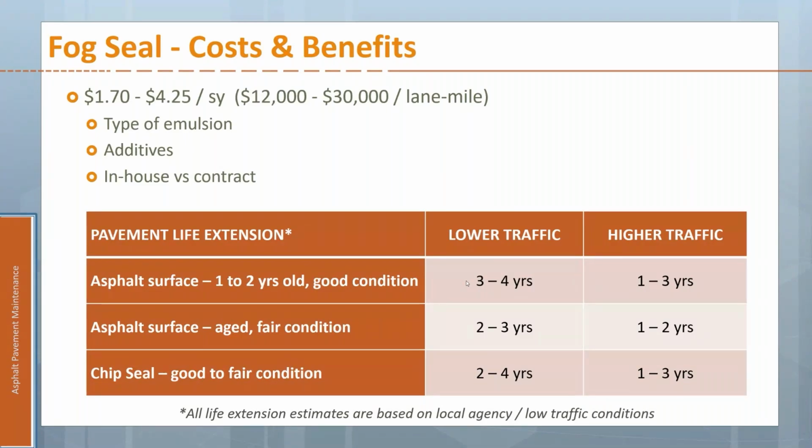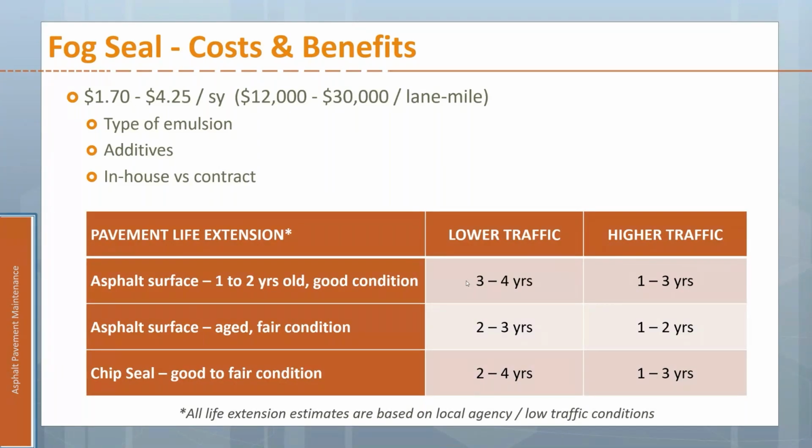Pavement life extension, what does this do for you? Well, if you have an asphalt surface that's say 1 or 2 years old, it's in good condition, there's really nothing wrong with it, but you're starting to see that lighter gray color show through, so it looks like it's aging. When it's brand new, it's a sharp black with a good contrast between the asphalt surface and the striping, and then over time it kind of turns gray, brown, whatever color your aggregate is.